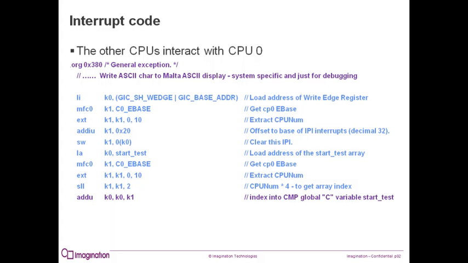Next, the code adds this index to the starting address of the start test array to get the address of the array element specific to this processor. The code then sets K1 to 1 and stores it to the array element. When the code returns from the interrupt, each processor will return from the wait instruction and look at its element of the start test array to see if it should continue.